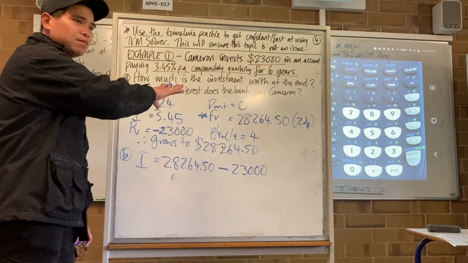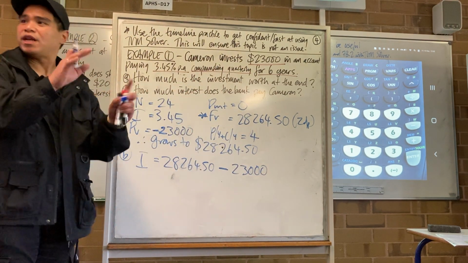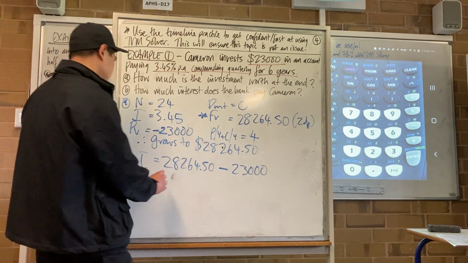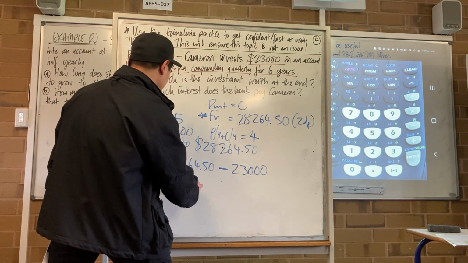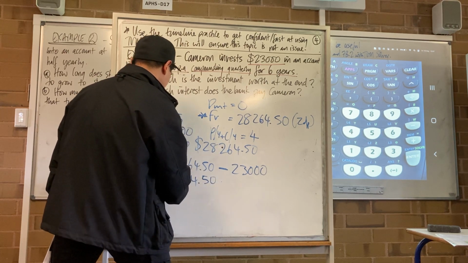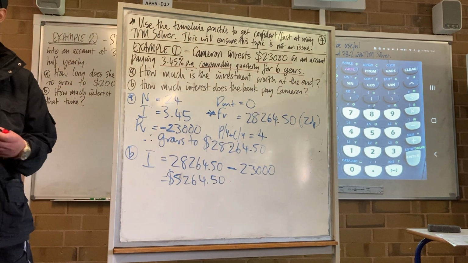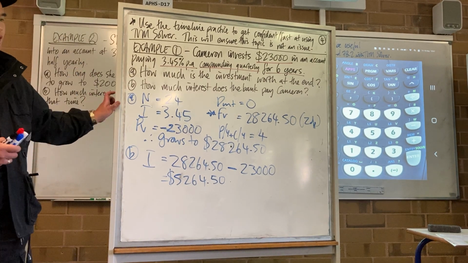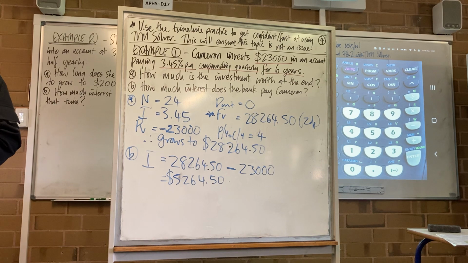Did he make any payments though? Because that would have been other stuff that he paid. So it's just going to be that. So it's going to be $5,264.50 in interest. I'll give you a couple of minutes to get that down, and I'll do one other example.